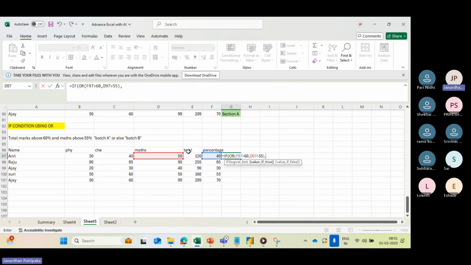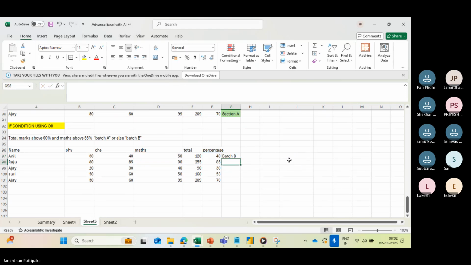I need batch A. Since you are entering the data manually, you need to mention it in double quotes, batch A, comma. If the conditions are not satisfied, I need batch B, batch B. Now click OK.